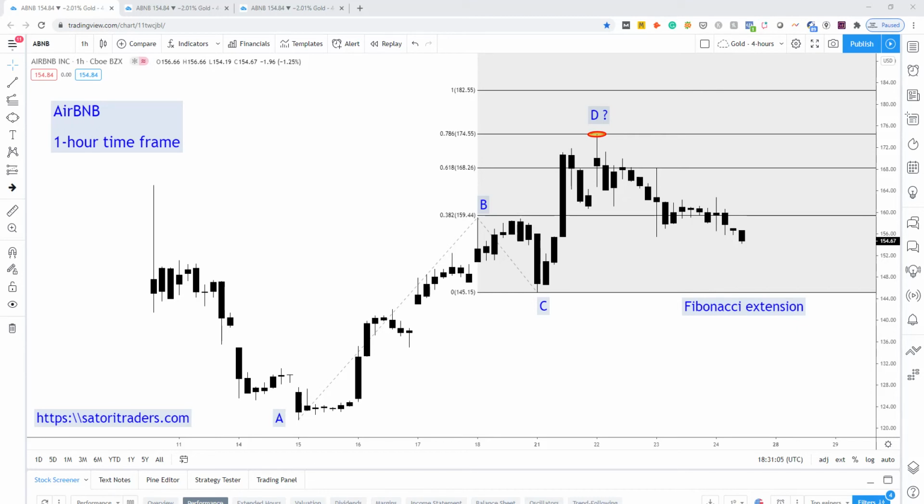Let me caveat that when we drop down to these lower time frames, the accuracy of some of our techniques is not as great, and we just want to keep that in mind as we're working in these lower time frames.